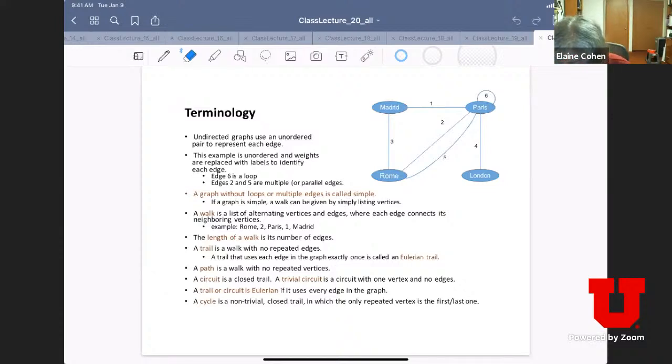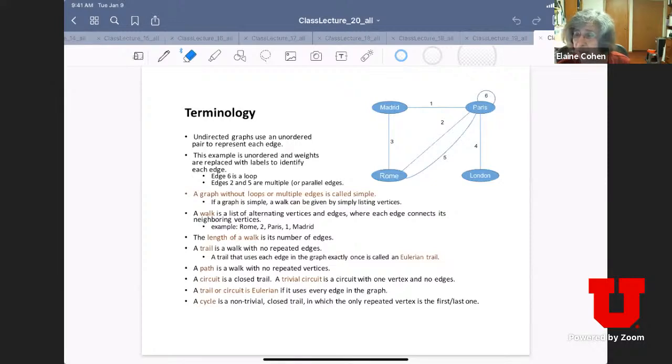So I could walk, let's say, no repeated edges. I could walk Paris 1, Madrid 3, Rome 2, Paris 5, Rome.